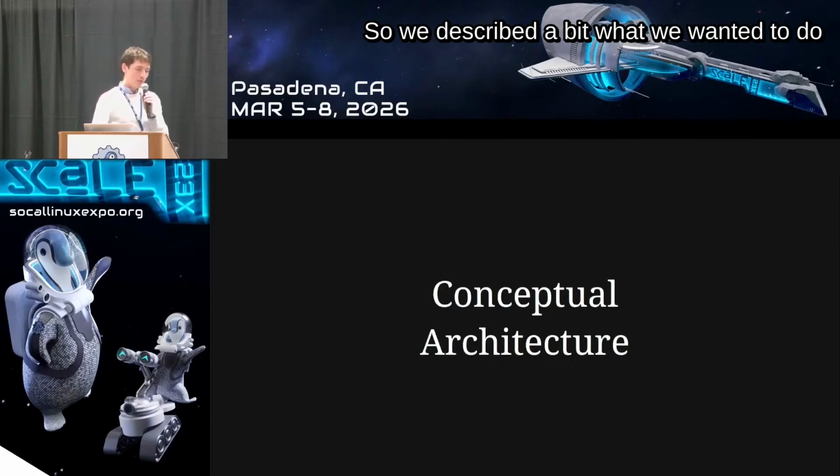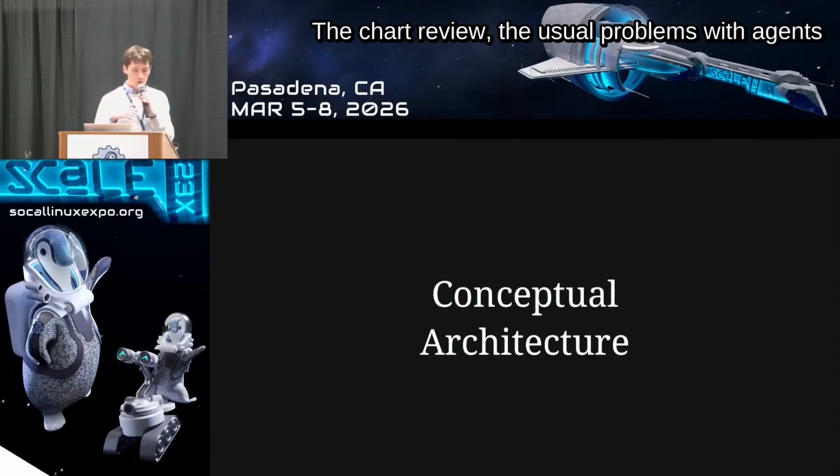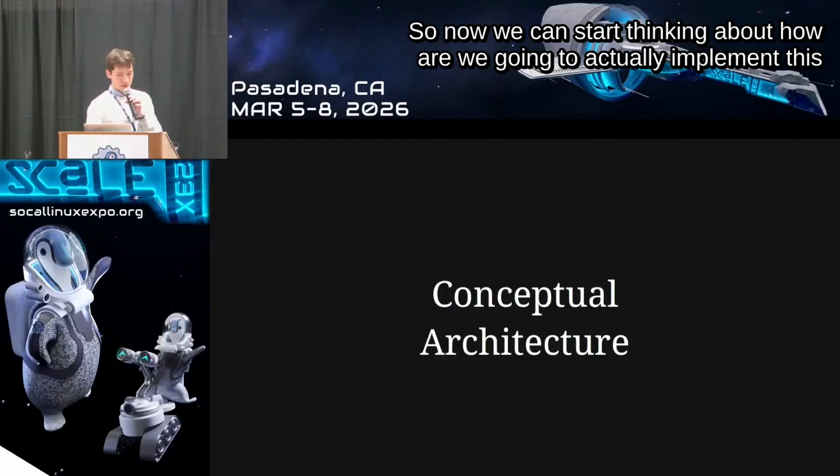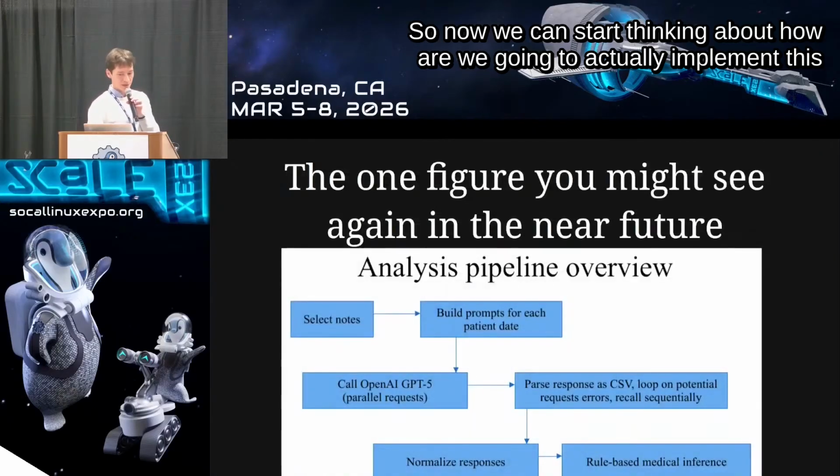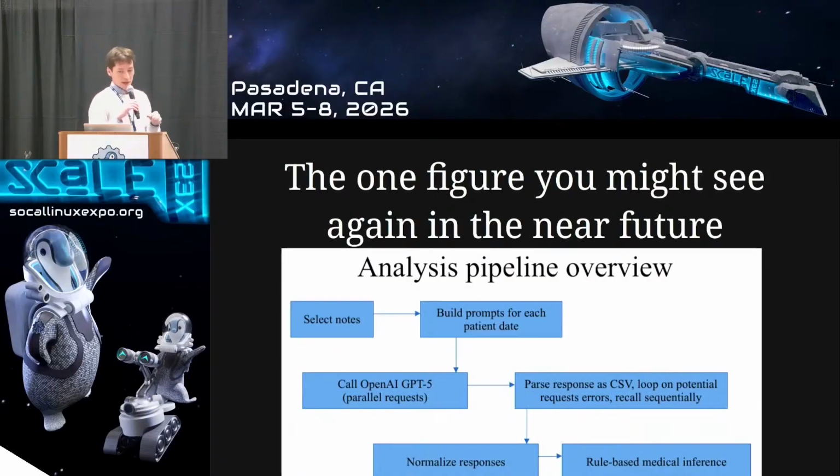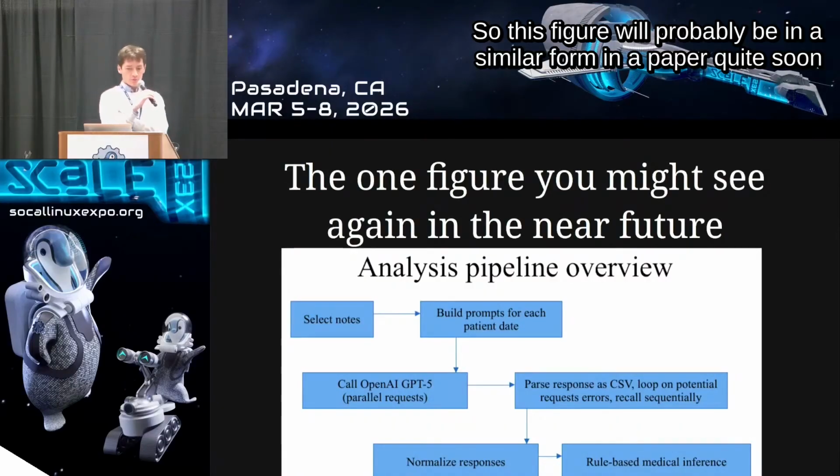So we described a bit what we wanted to do, the chart review, the usual problems with agents. So now we can start thinking about how we are going to actually implement this. This figure will probably be in a similar form in a paper quite soon.